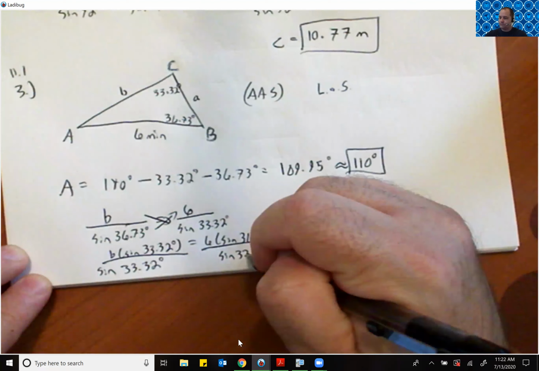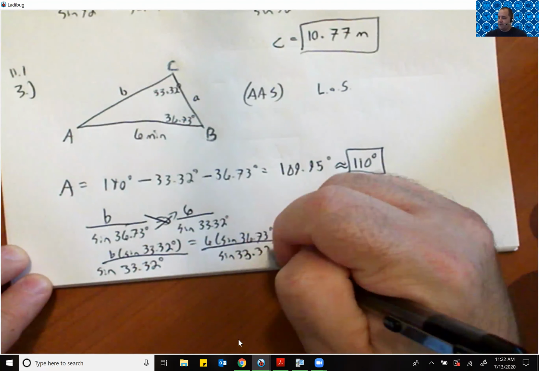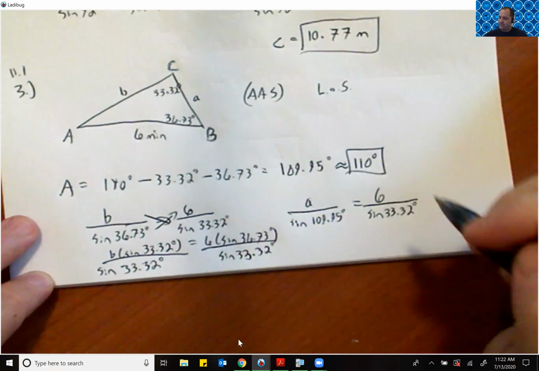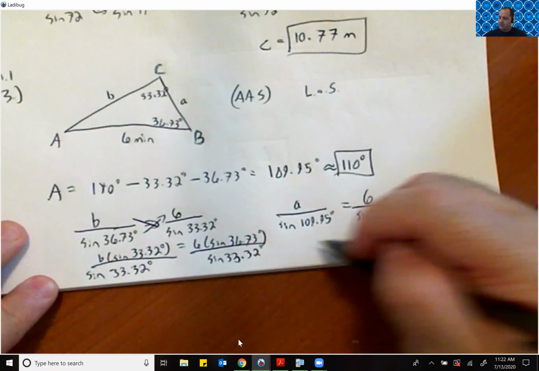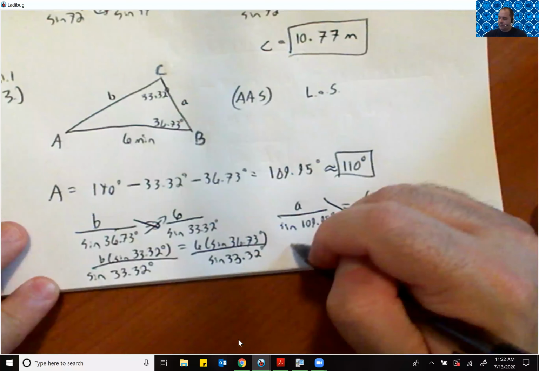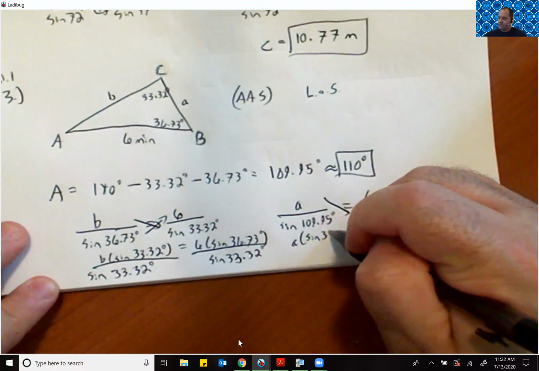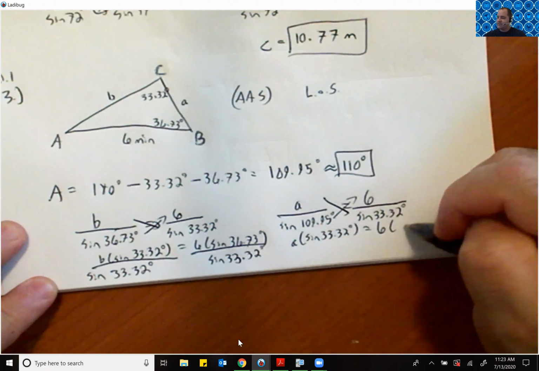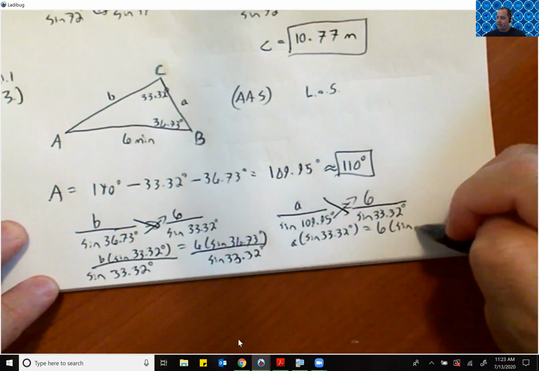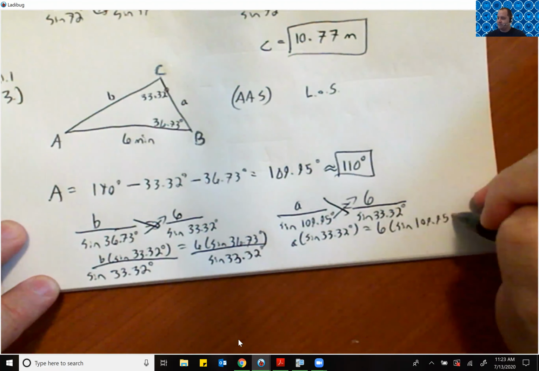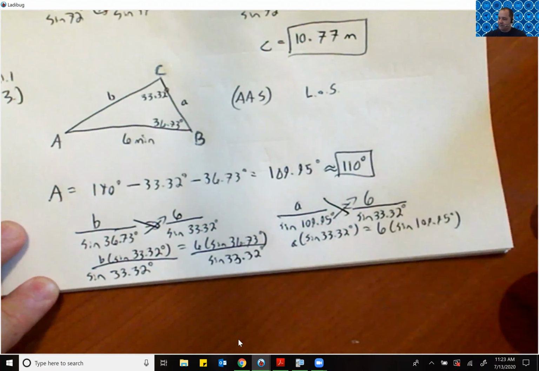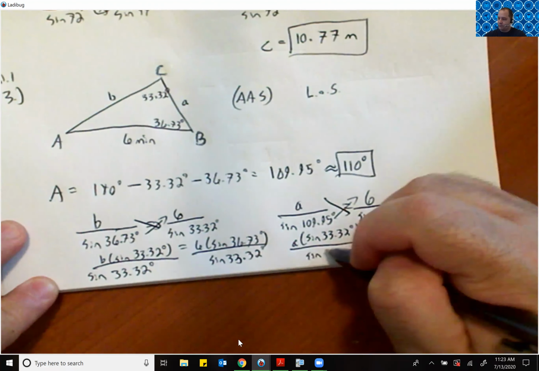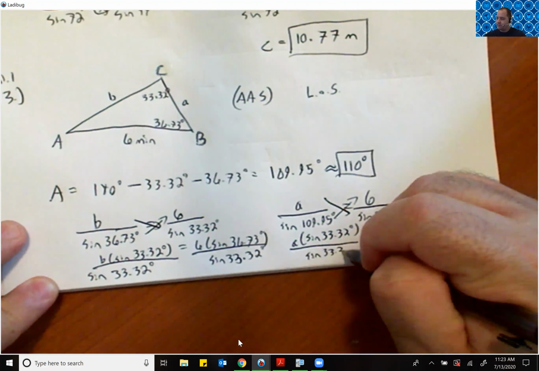And then over here, you'll have A times sine 33.32 degrees equal to 6 times sine 109.95 degrees. And then again, you'll just divide by sine 33.32 degrees.